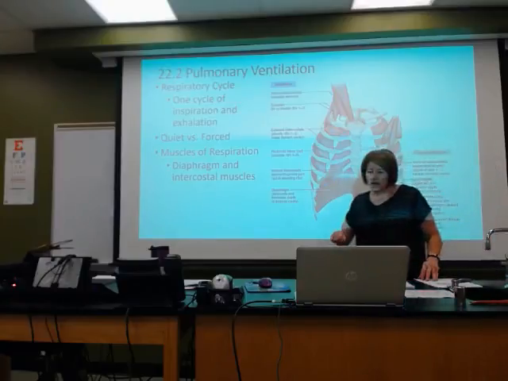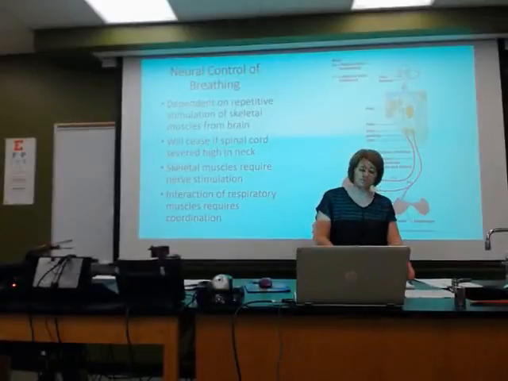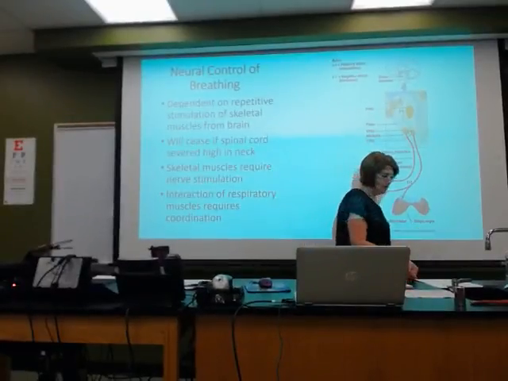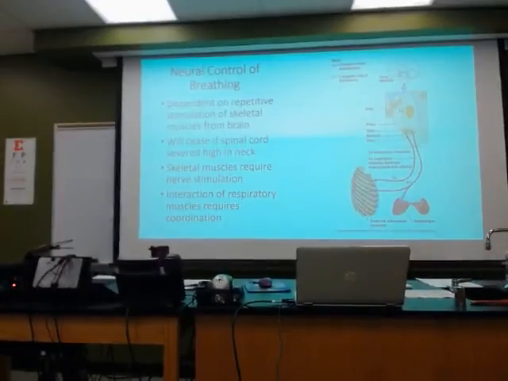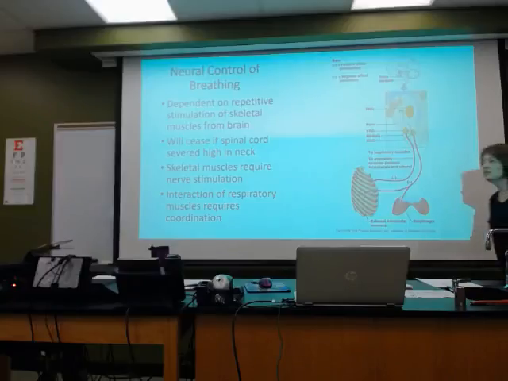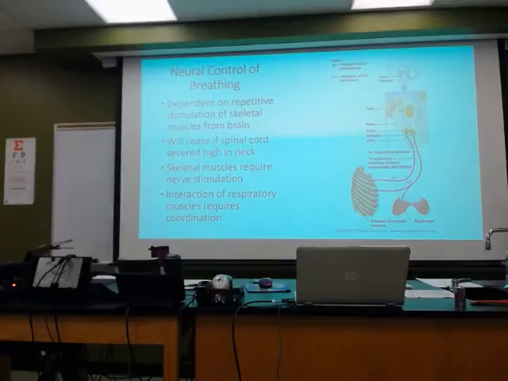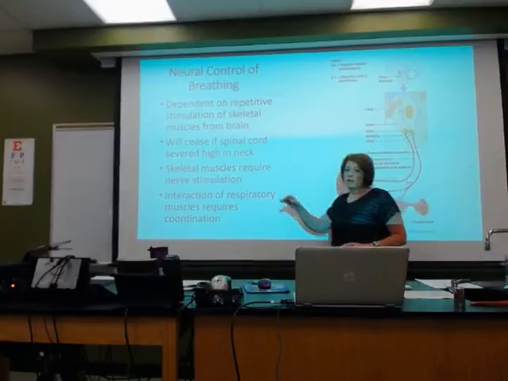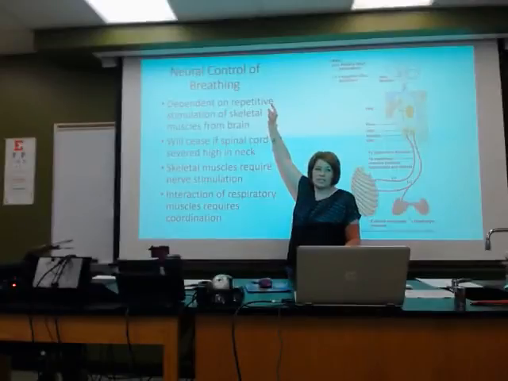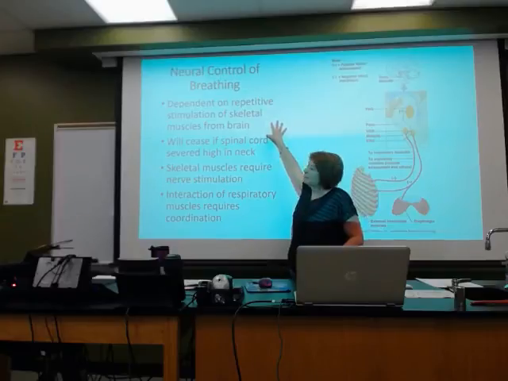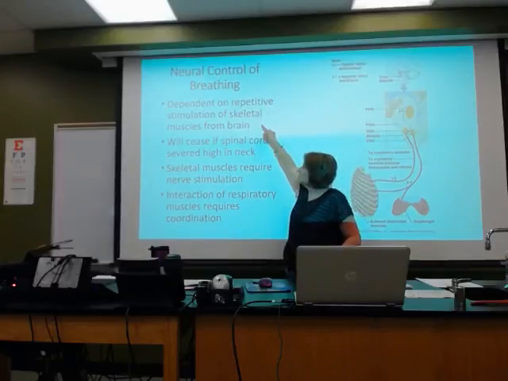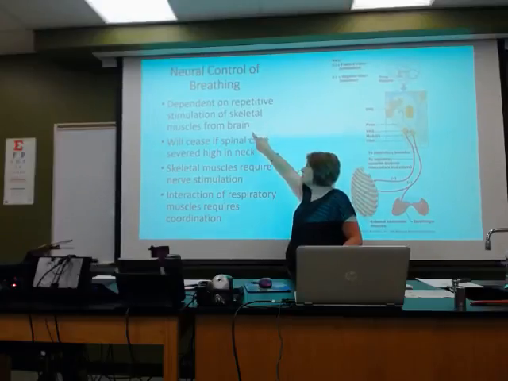When we look at what happens with breathing, we mentioned that there is the autonomic nervous system. When we look at nervous control, the neural control, what is being received is dependent on the repetitive stimulation of the skeletal muscles from the brain.